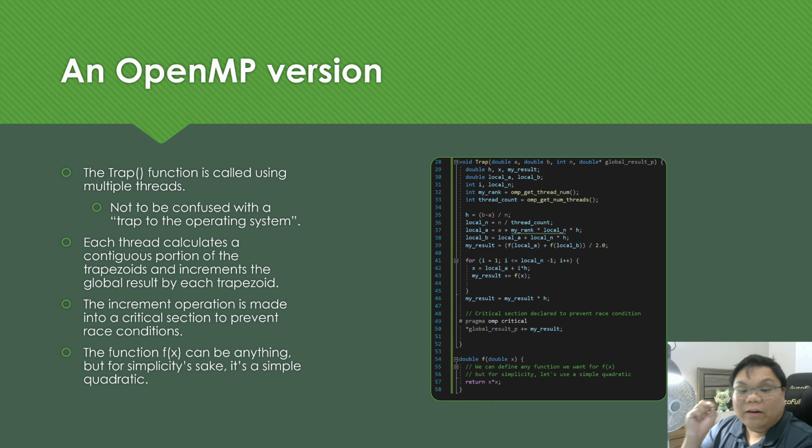And that's where things would pose an issue, because if each thread is adding to the global result, that's a potential for a race condition. But hey, OpenMP has a directive that we can use to declare a critical section. So, remember back with pthreads we had to create and destroy a lock?